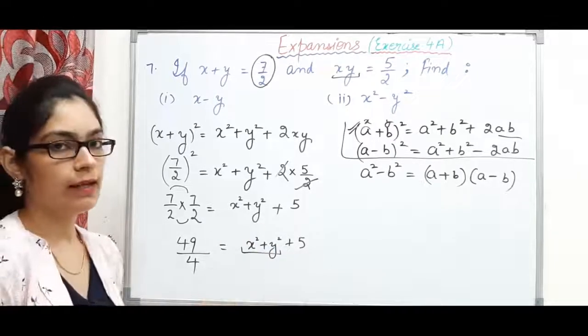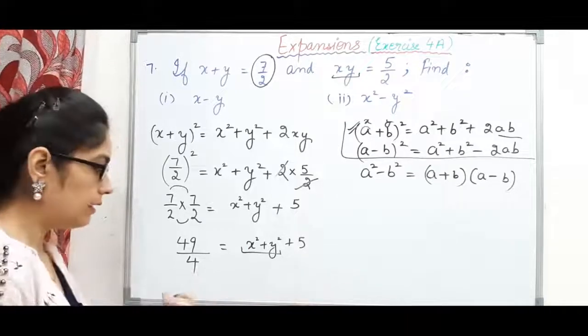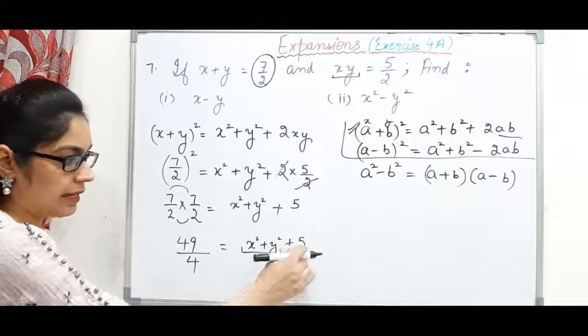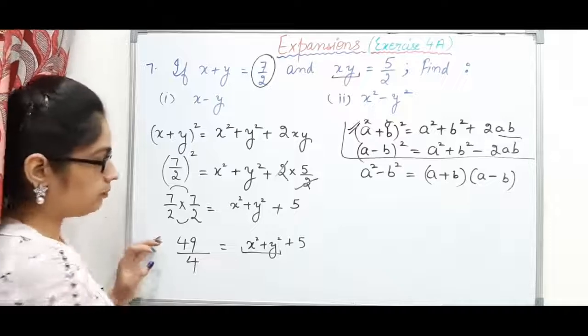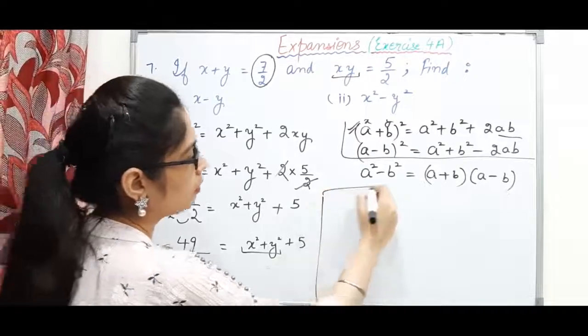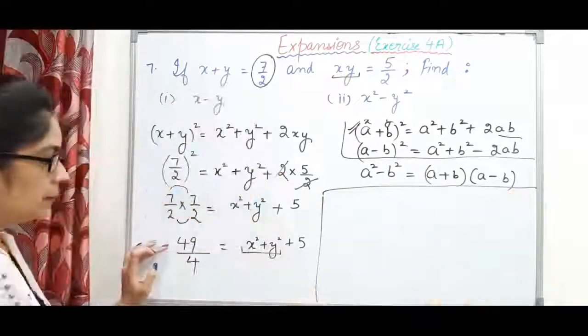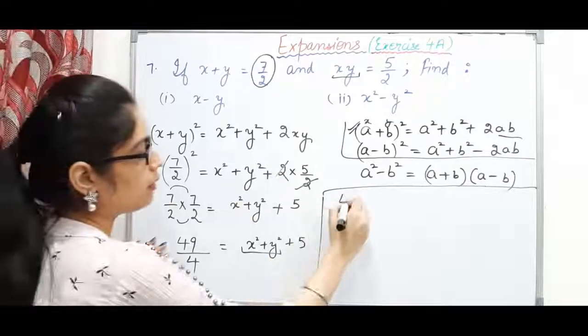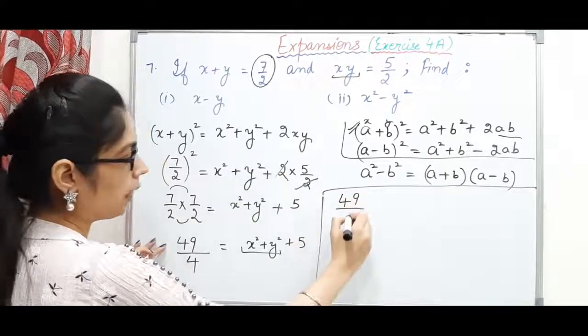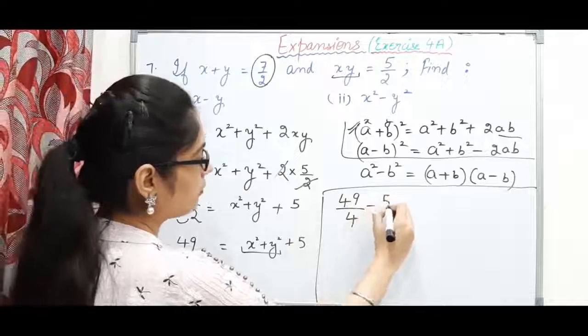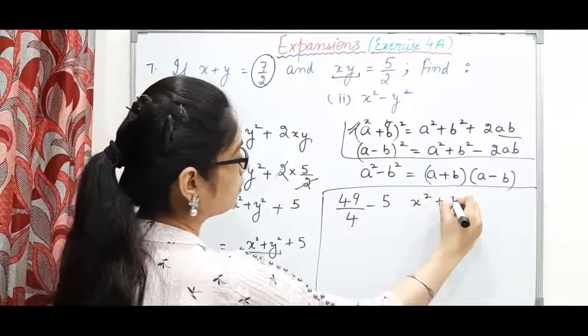The term which is getting added, on changing its side, will be changed to subtraction. So plus 5 will be changed to minus 5. So 49 by 4 minus 5 is equal to x square plus y square.